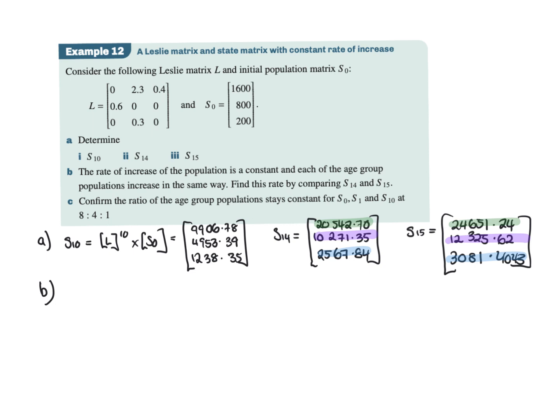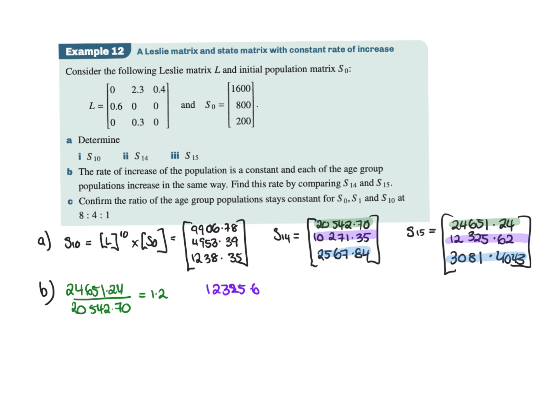So I'm going to show you here. I'm going to do the first age group and I divide it by the S14. And what I find is I get 1.2. Now, if I did the second age group, they told you that it happens, and I think this is what they're going to do in the exam.